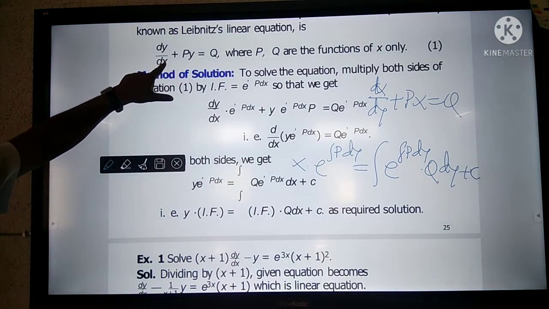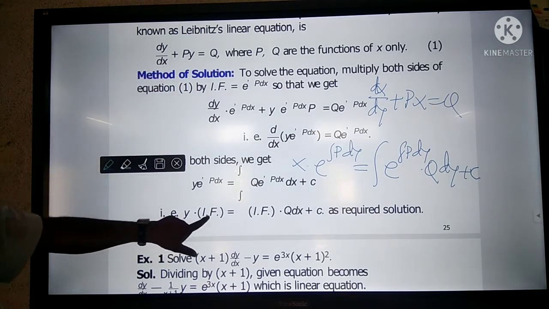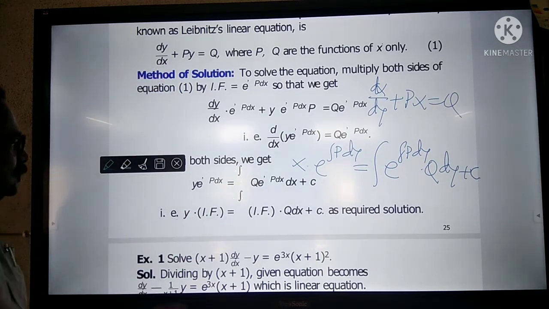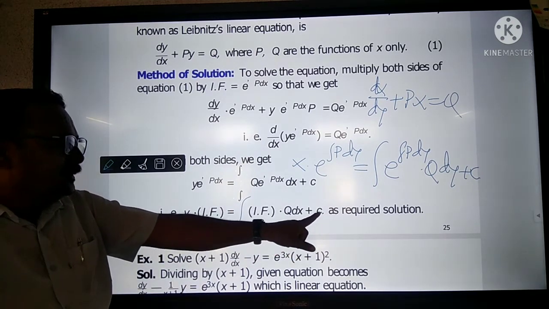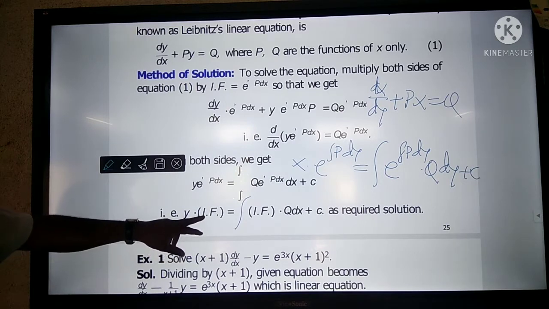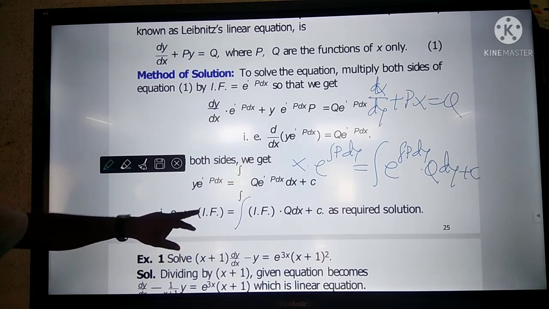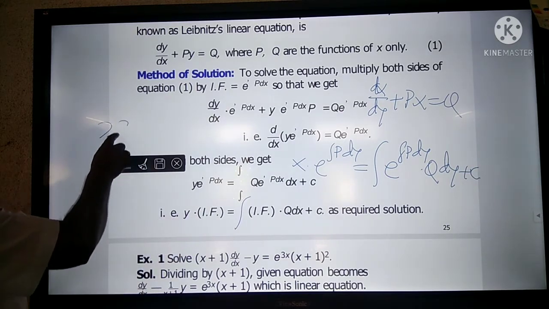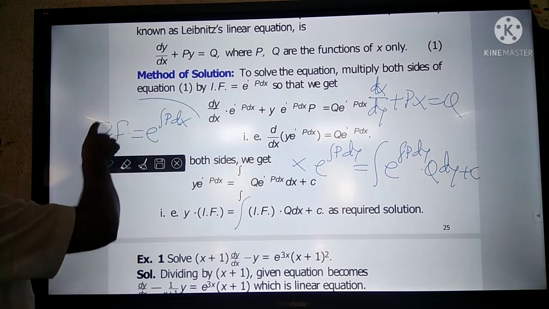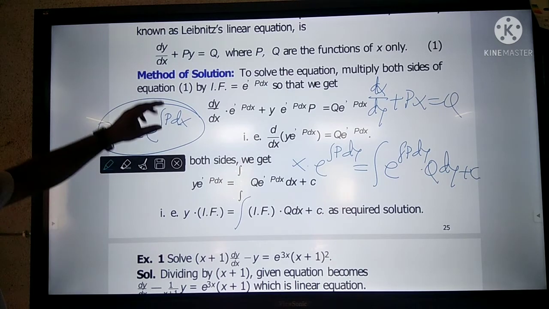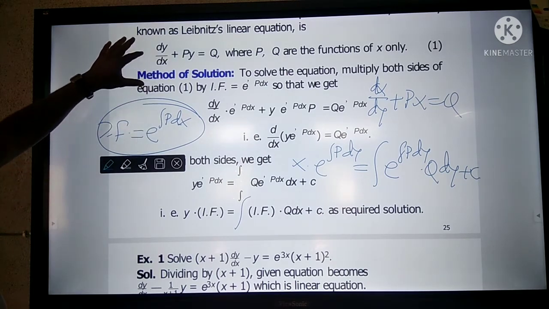May be remembered as y into integrating factor is equal to integration of integrating factor into q dx plus c. Remember, the integrating factor is e raised to integration of p dx. This is very important. This is the linear differential equation.